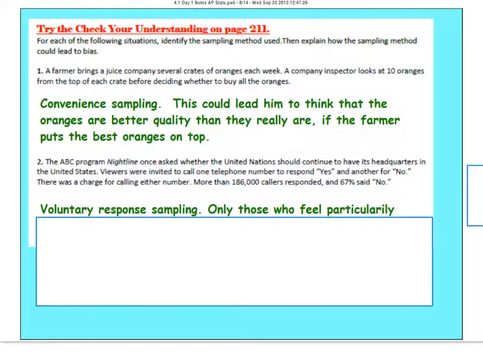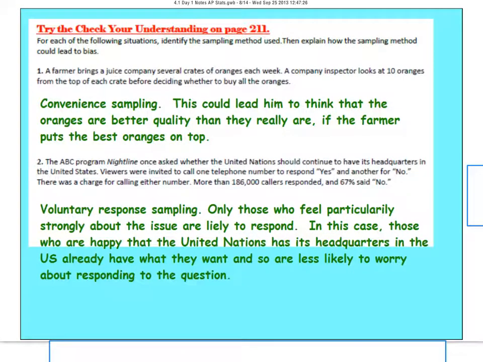So what they would say in here is that the bias is that only those who feel particularly strong about the issue are likely to respond. Those who are happy with the United Nations having its headquarters in the U.S. already have what they want, and so are unlikely to worry about responding to the question. So if you're happy with the situation, why call and complain? You're not going to. This is basically responses from those who want to complain about the current system. So it is overstated.